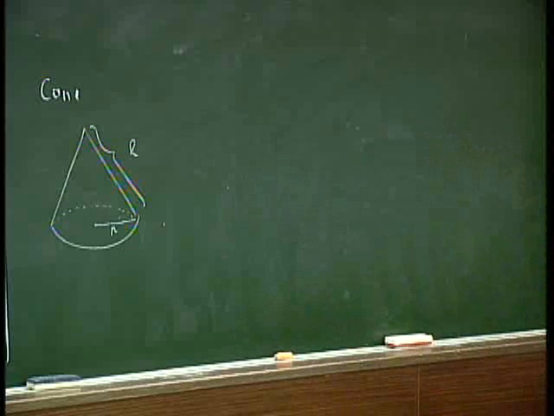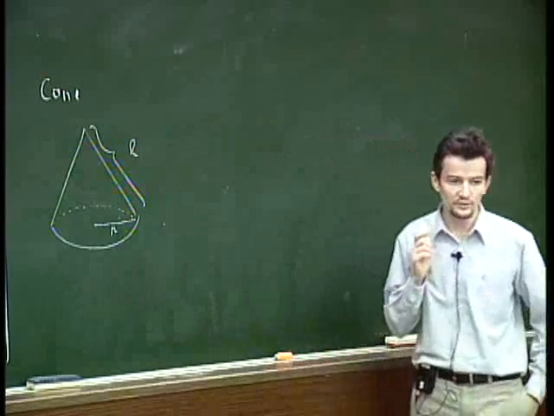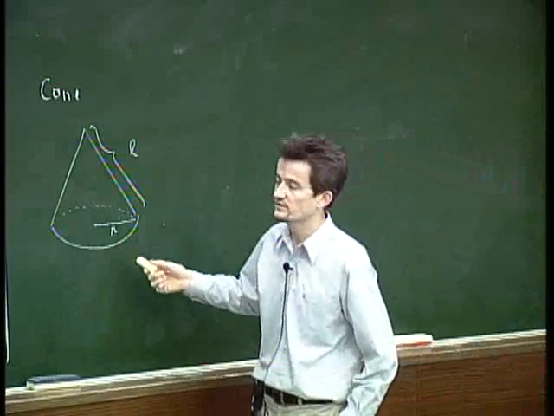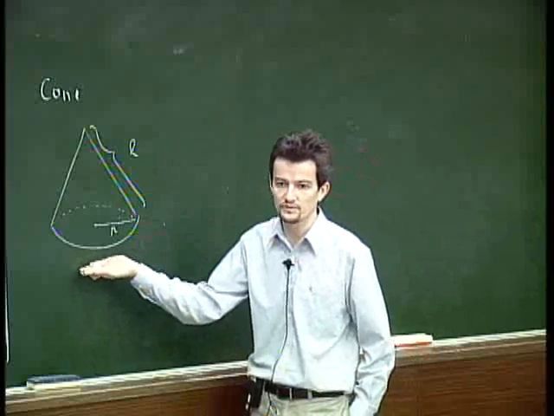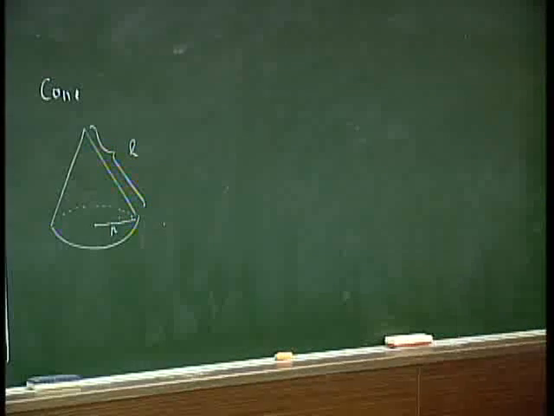So what we want to do first is define the surface area of something like this. But the surface area is the so-called lateral surface, so it does not include the bottom. Okay, so only what you see here. So this is what we want to define first.